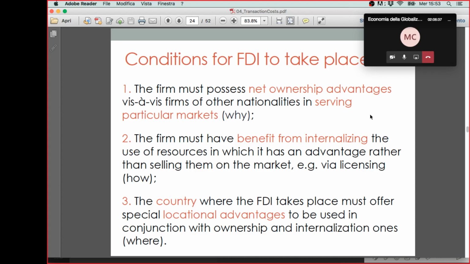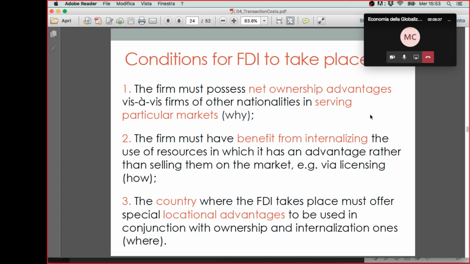They tried in particular to identify the main factors that create location advantages. So what are the factors that explain why firms invest in one location as opposed to another? Are these mainly related to institutions, to regulation, or to infrastructures and things like that?